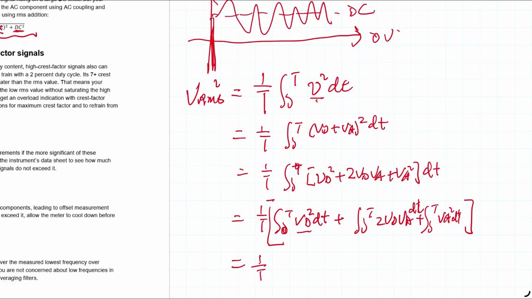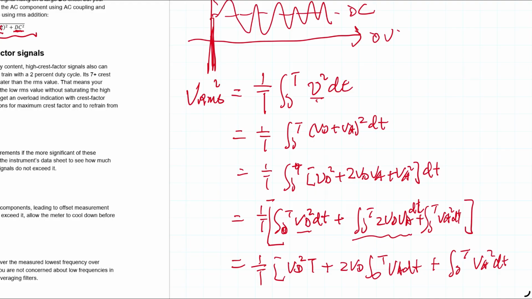What we get is 1 over T, just take the VD squared out, then integrating from 0 to T gives capital T. And for this part, we can take the 2 VD out because it's a constant DC offset, then the integral is from 0 to T of VA dt. Then this part, 0 to T of VA squared dt.